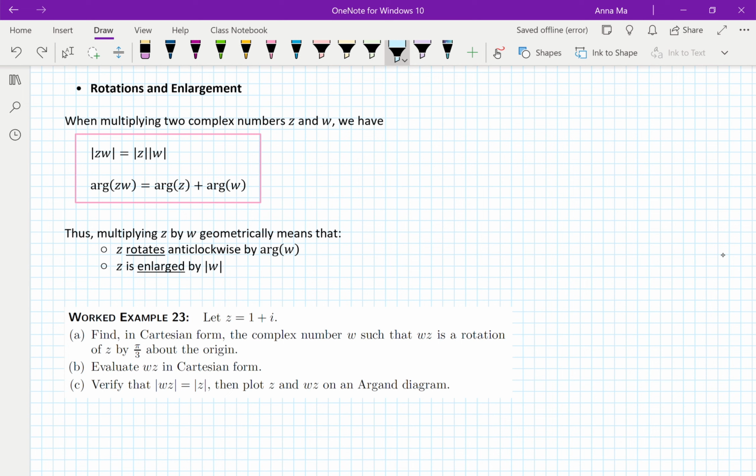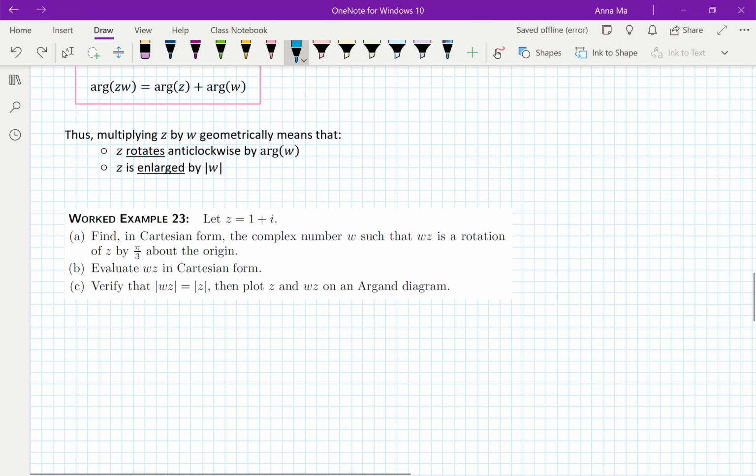And with the modulus, z is basically being enlarged by however big or small the length of w is. We use the term enlarged, but really it could be decreased in size. We just generally say it's enlarged.